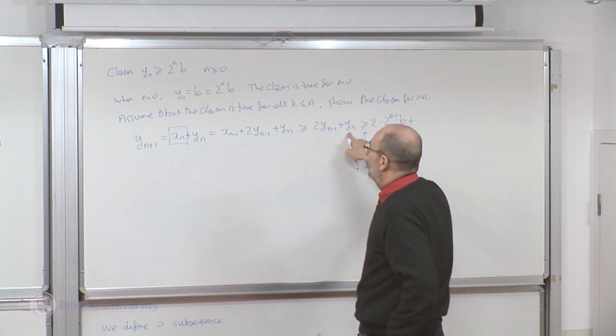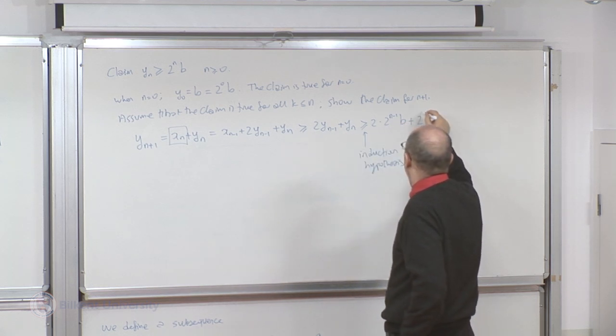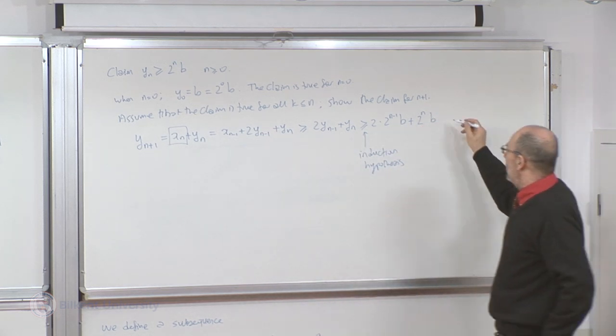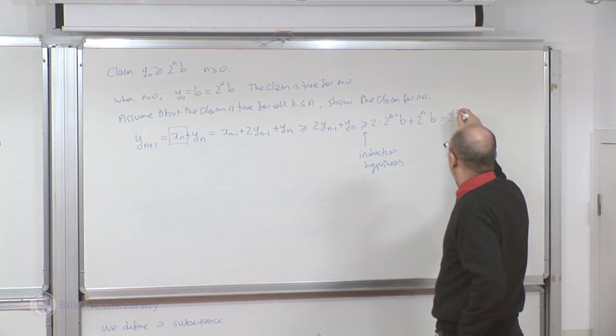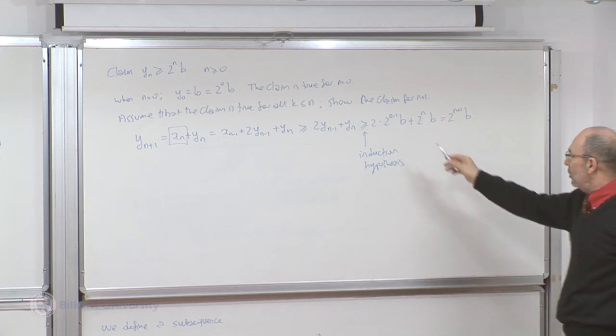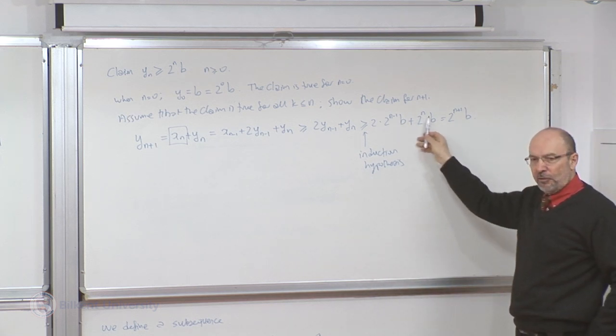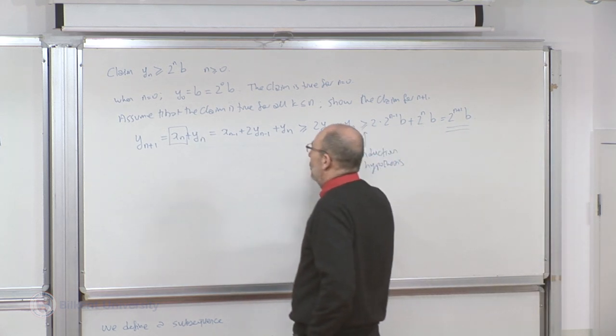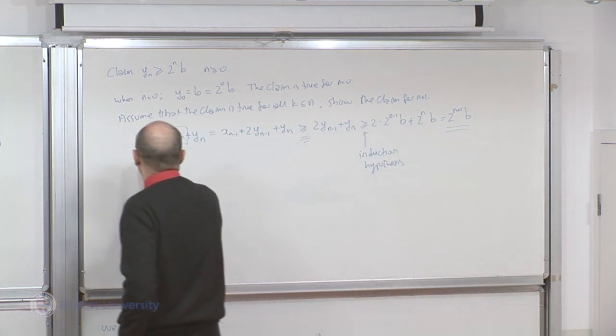Plus, according to our assumption, y_n is larger than or equal to 2 to the power n times b. So you see that this part is now equal to 2 to the power n plus 1 times b. We have 2 of these 2 to the n, so this is less than or equal to this.